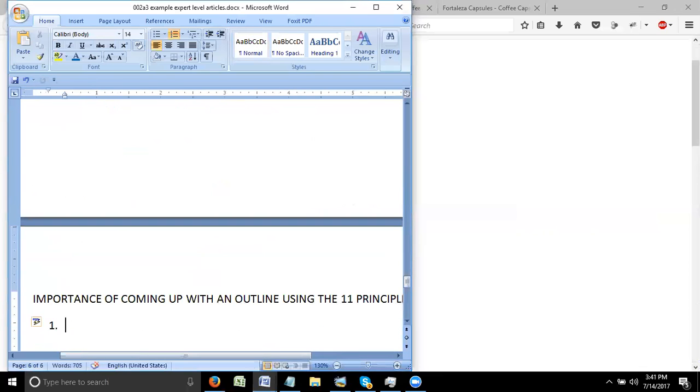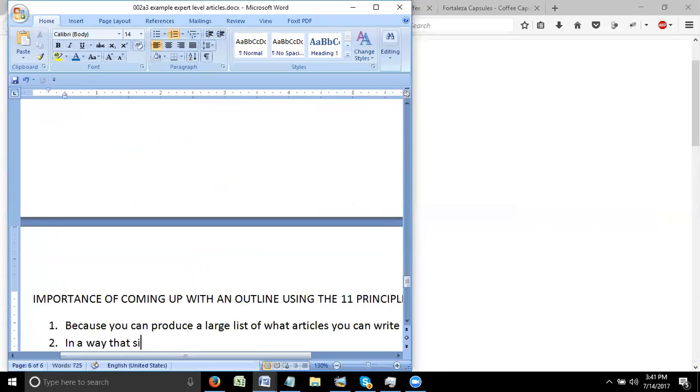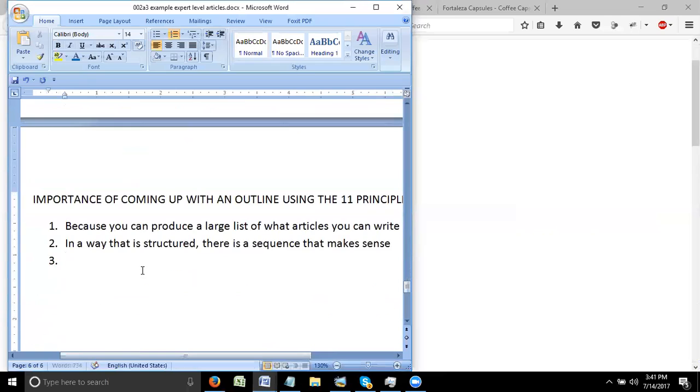It's very important because you can produce a large list of what articles you can write on in a way that is structured. There is a sequence that makes sense. And this is very useful because you can produce practically almost unlimited number of articles.